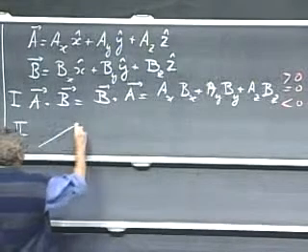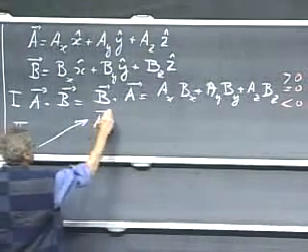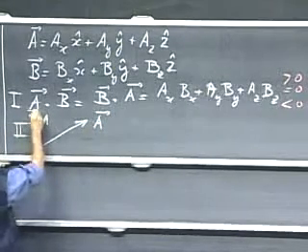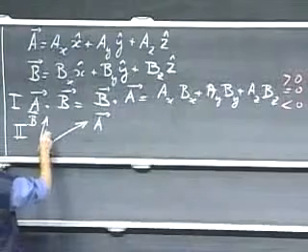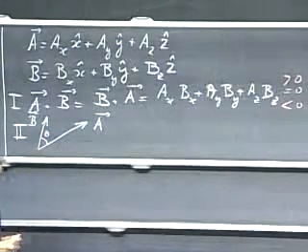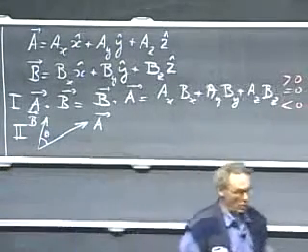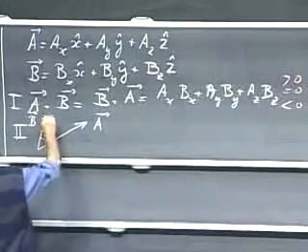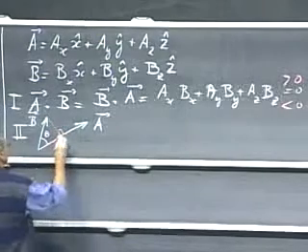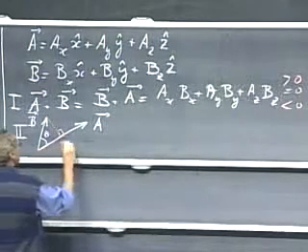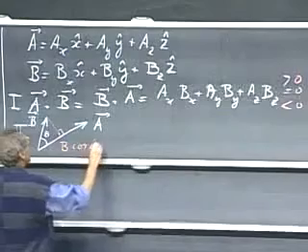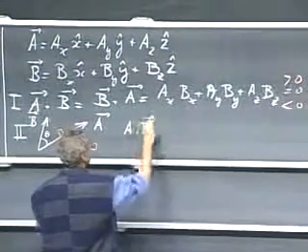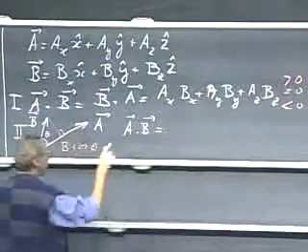If you have a vector A and you have the vector B and the angle between them is theta, then you can project B on A, or A on B for that matter, it makes no difference. And that projection, the length of this projection is then of course B cosine theta. And so A dot B, and that is exactly the same.